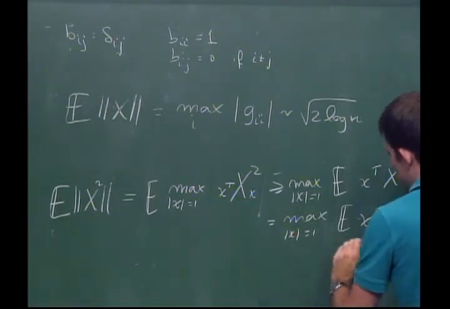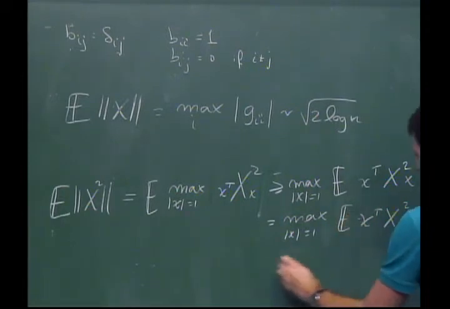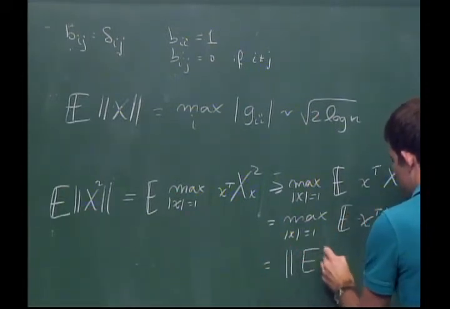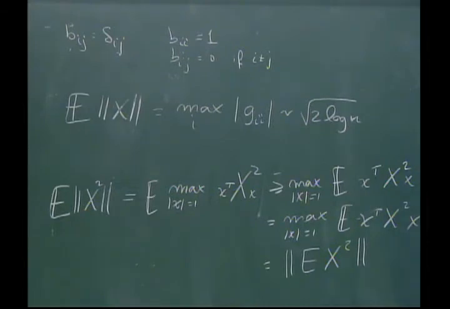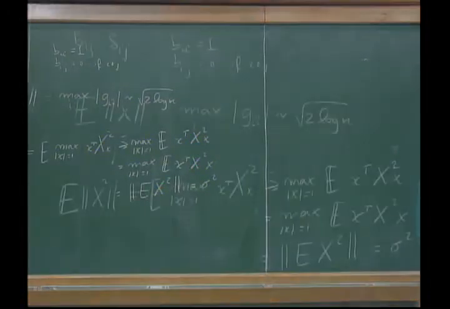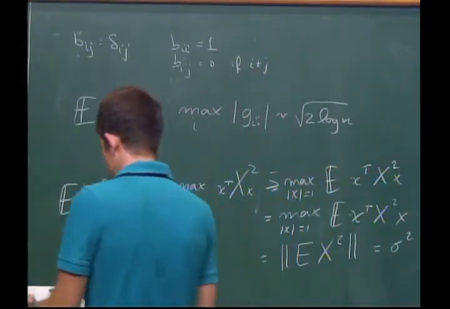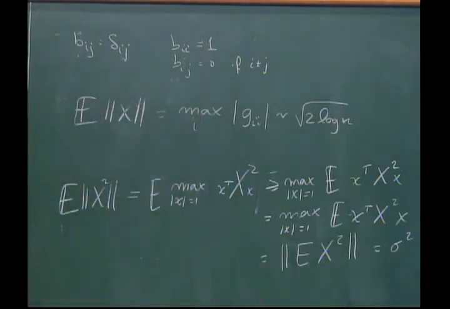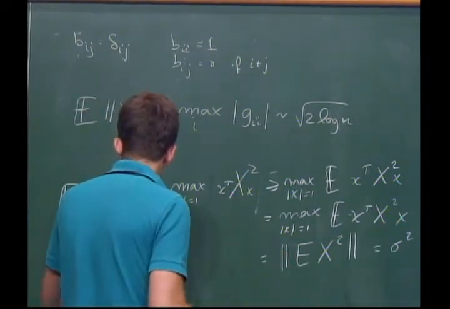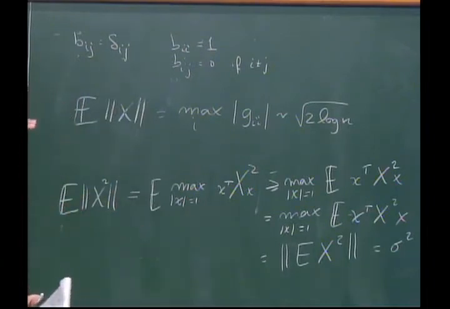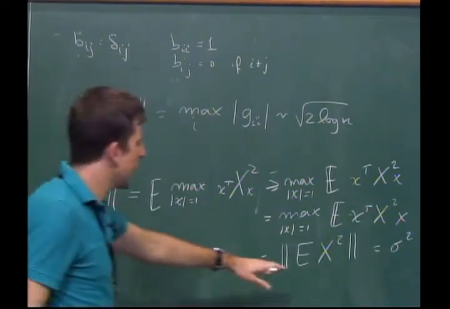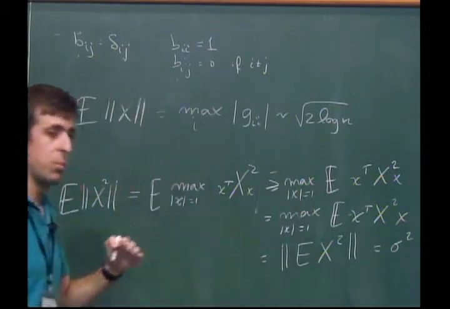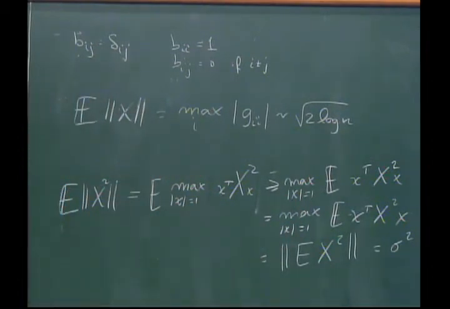What this is equal to is simply the spectral norm of the expected value of X squared, and I'm going to call this sigma squared. Let's see what it is in this case. What is X squared? Think of X as a matrix with independent entries. X squared is symmetric, so it just has inner products between rows, say.